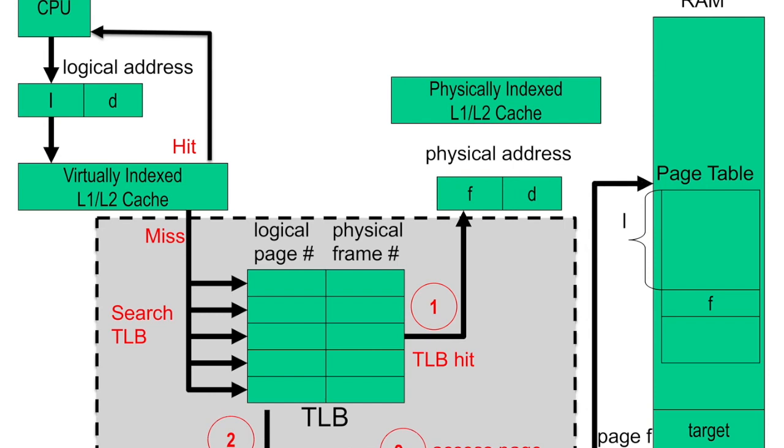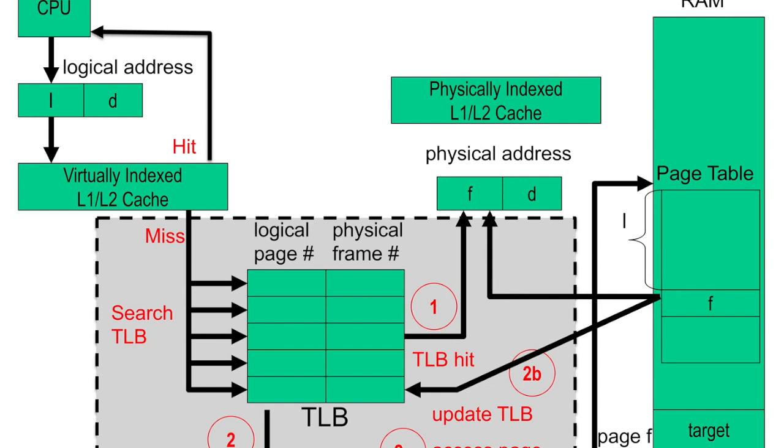If we have a miss in the search, then we have to go through the two-stage method. We have to go to the physical page tables, grab the frame out, put it into the physical address, put it back into the TLB. Now that we have that physical address, we can look up in a physically indexed L1 or L2 cache.